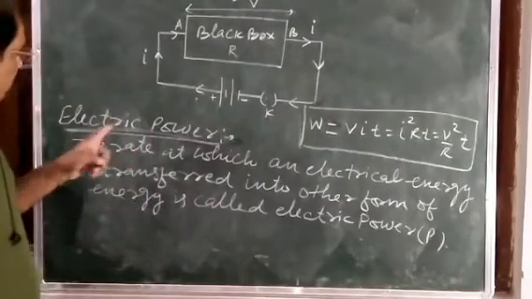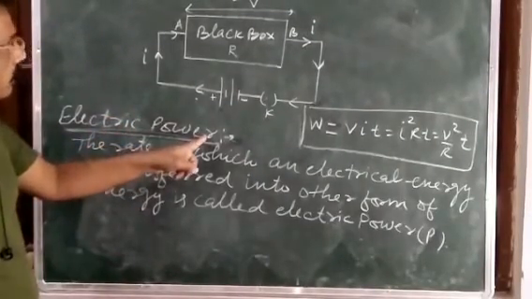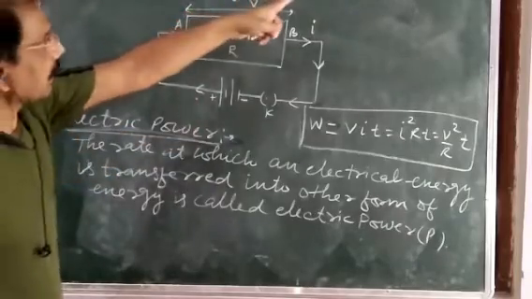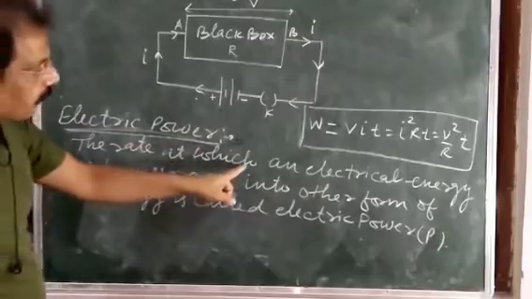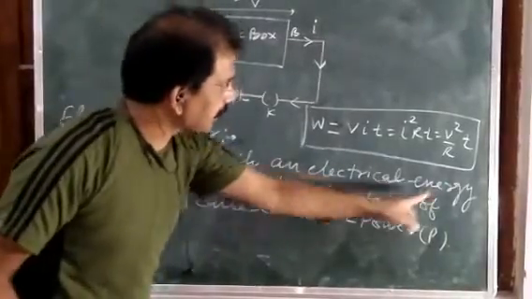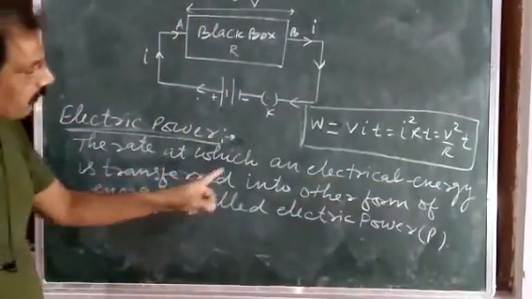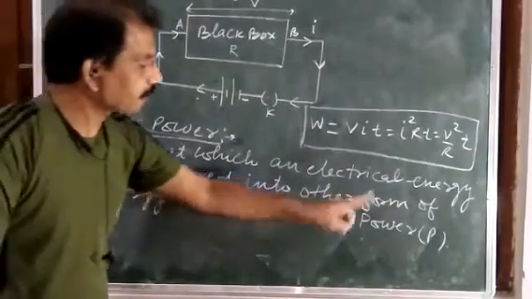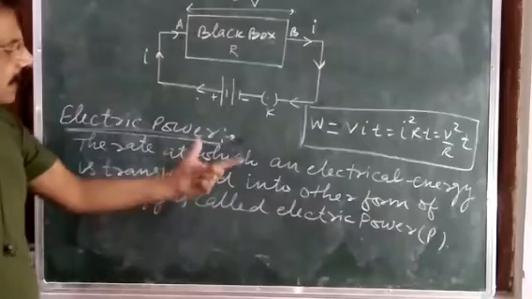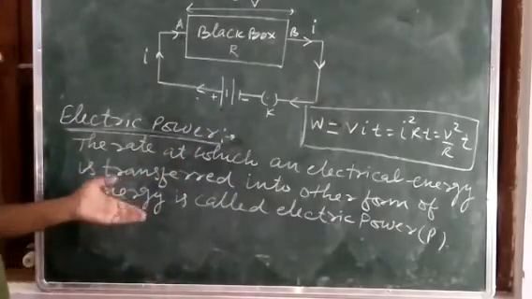Now the next topic is electric power, because I have already given electrical energy and electric power. So what is electric power? The rate at which electrical energy is transferred into other forms of energy is called electric power.